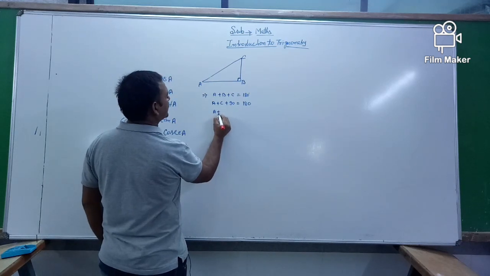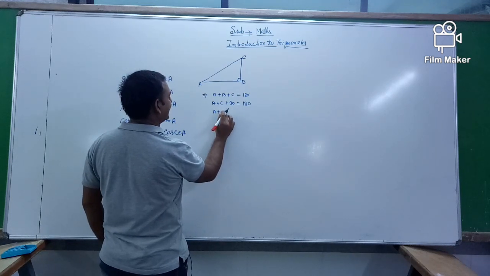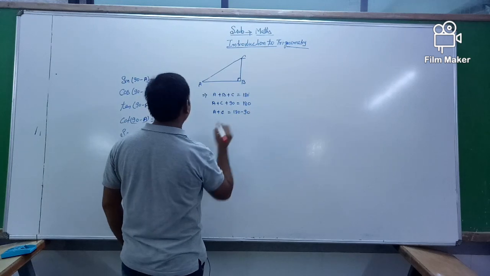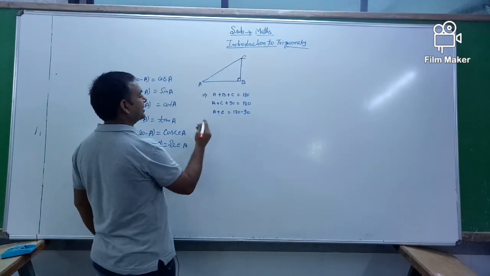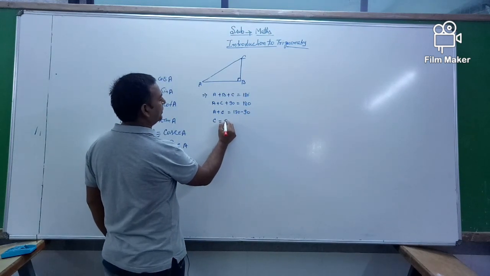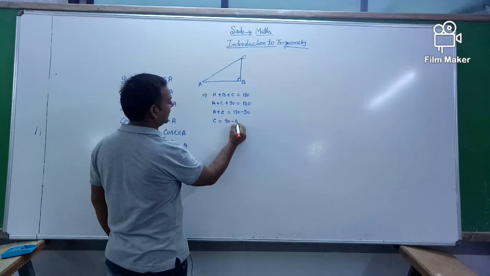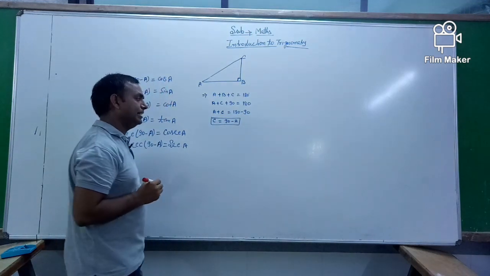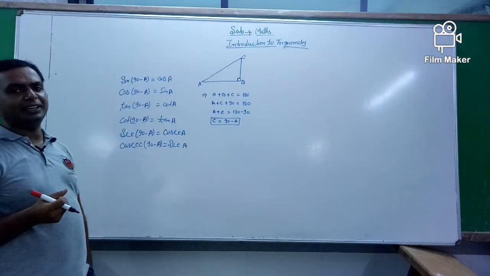So A plus C is equal to 180 minus 90, that is, C is equal to 90 minus A. If you take the angle C, the angle C is equal to 90 minus A.